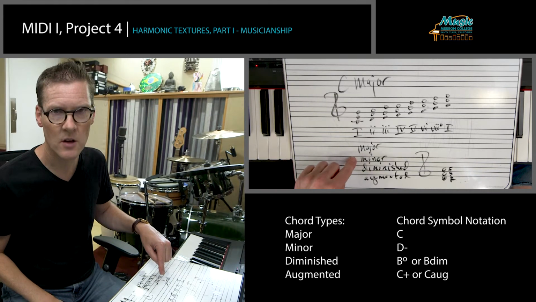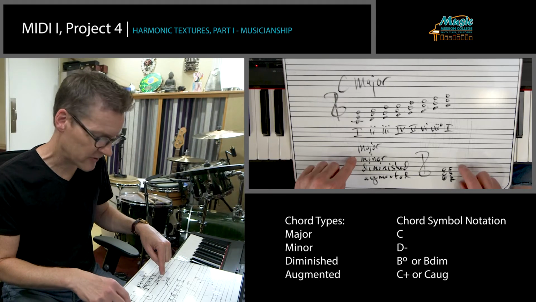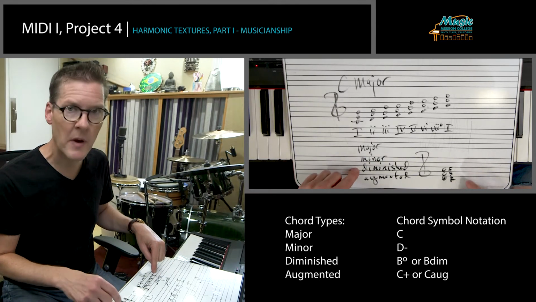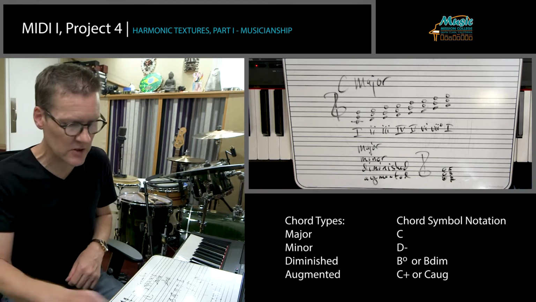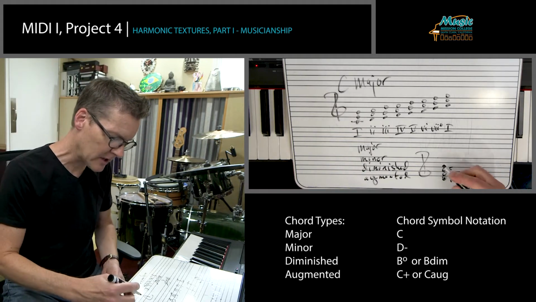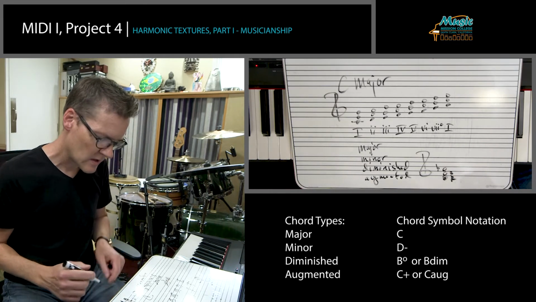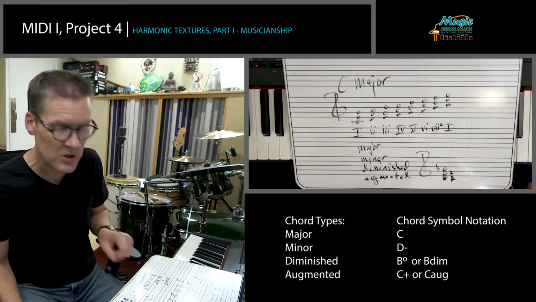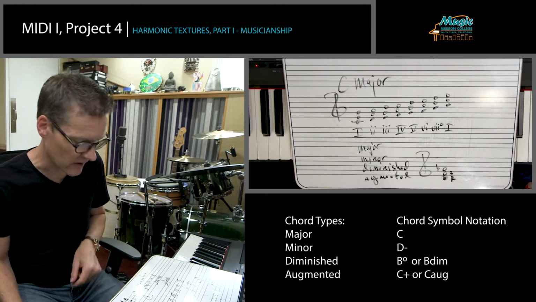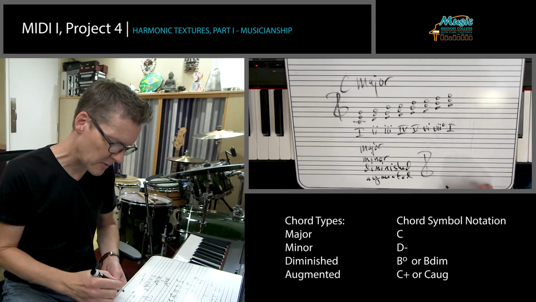Minor triad has a minor third for the bottom interval and a perfect fifth. The diminished has minor on the bottom, and then if I can just adjust, I'm going to lower this note here. And then we have a minor third and a diminished fifth. So diminished triad is a minor third and a diminished fifth. Can you guess what the augmented chord is? Maybe I'll build this on C.